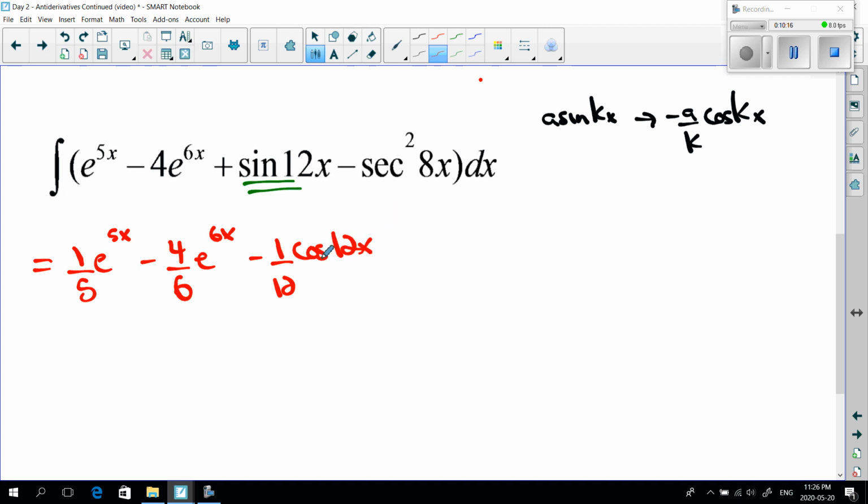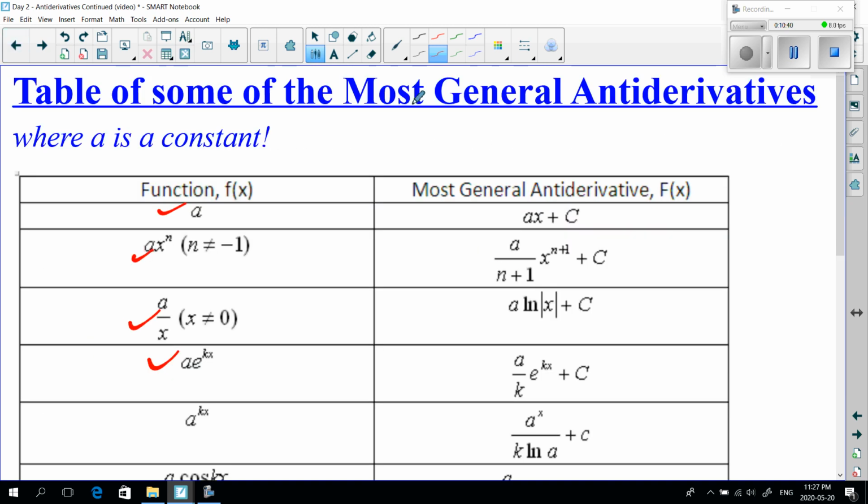Now think about this. If you do the derivative of the cosine of 12x, that would be negative sine 12x times 12. But then you'd have to multiply by this negative 1/12. So that negative 1/12 times the negative 12 would give you positive 1 sine 12x. Okay? Going to move on to the secant squared.